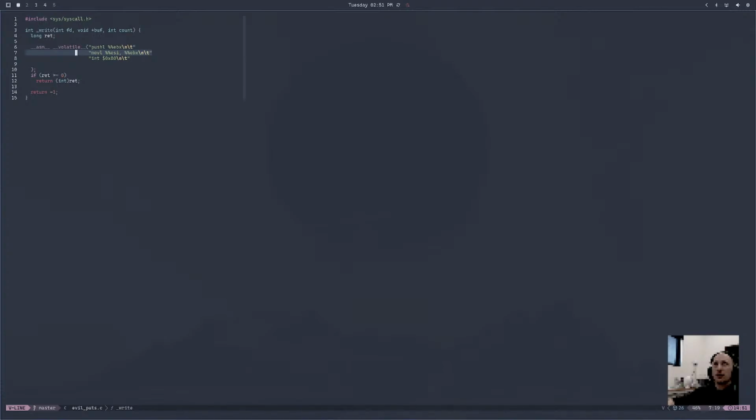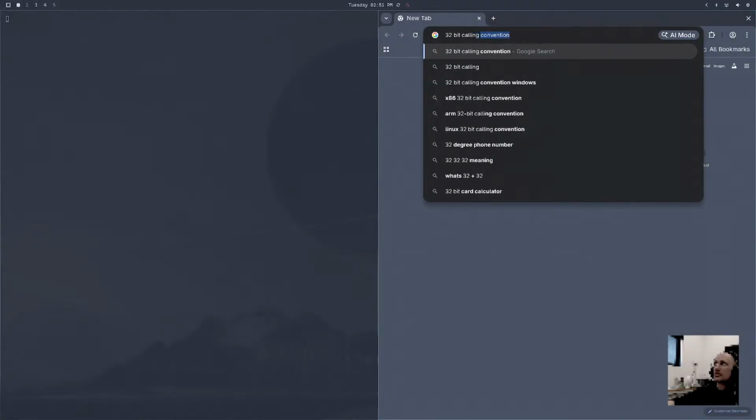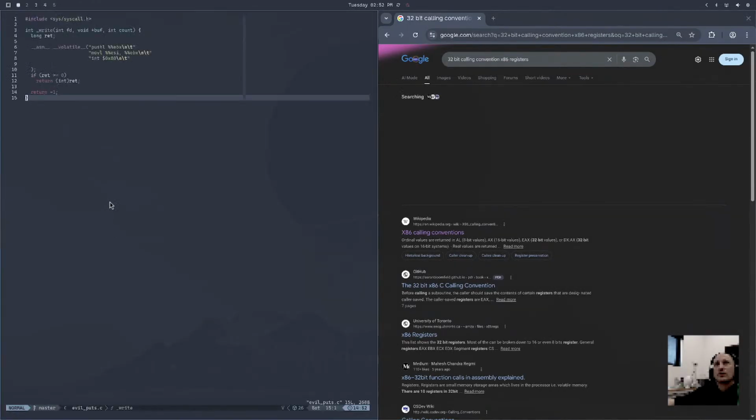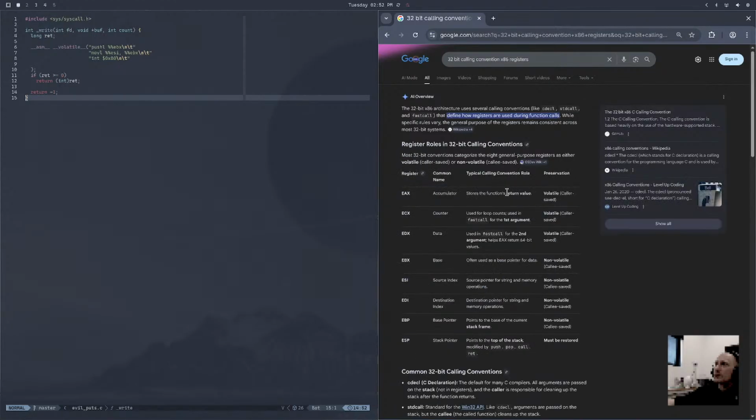And if we get out our 32-bit calling convention, x86 registers, if you look at EBX base, this call lead save is often used as a base pointer.